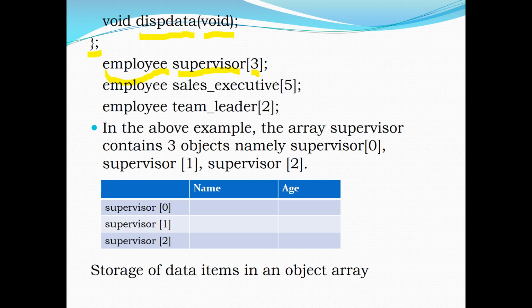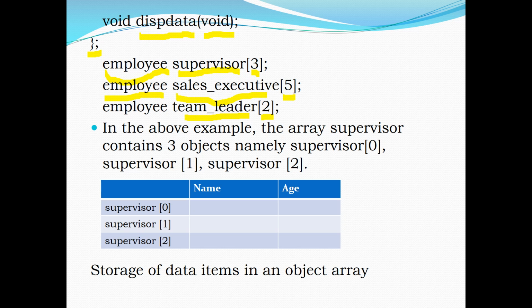I have also created one more object with employee as the class name, followed by salesexecutive. This is one more object array, of size 5. So the previous array has 3 objects, and salesexecutive has 5 objects in total. I'm also going to create a third object called teamleader, which has 2 objects.